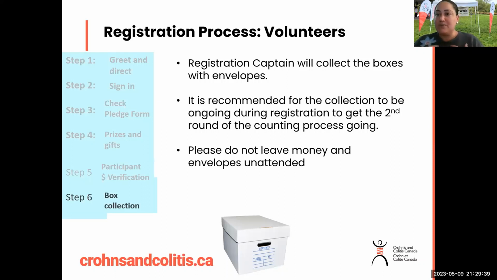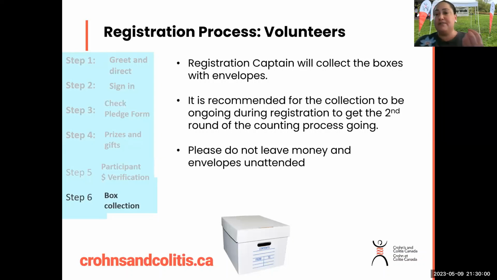But for us, when we do the reconciliation, it will be great for us to know that. So if the registration volunteer can just write a quick note on the pledge form, like "this information is available on the participant center," and put it inside the envelope, that will be really helpful for us.